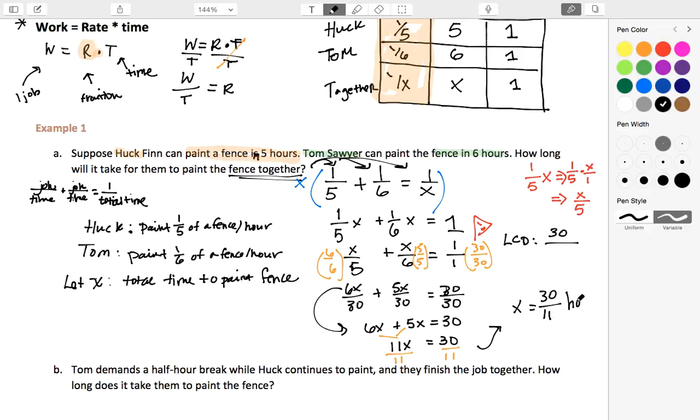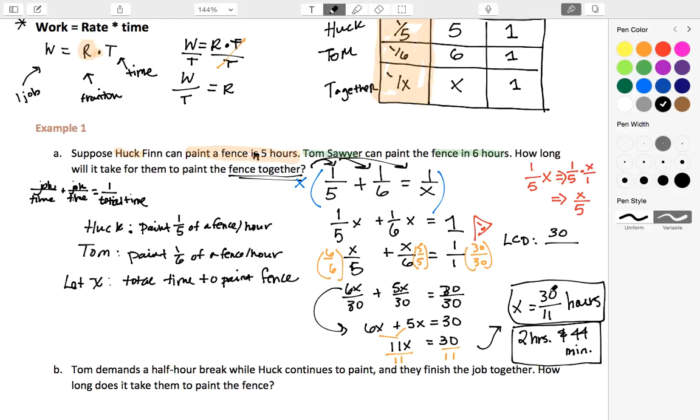And this is representative in hours. Okay, now we can say 30 over 11 hours, or we could say 2 hours and 44 minutes. Okay. This would work, or this would work.